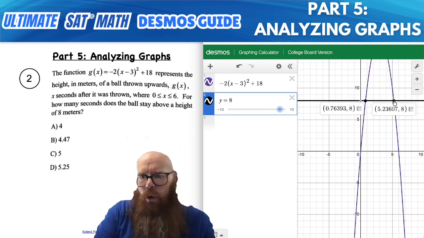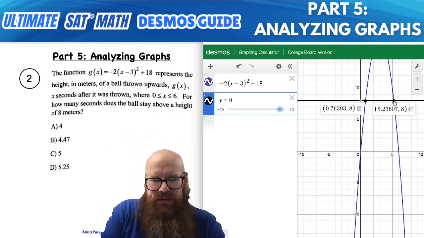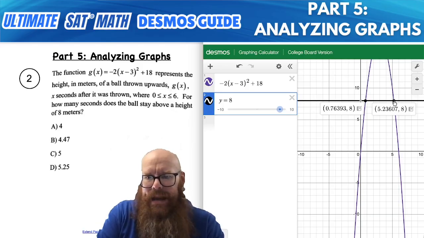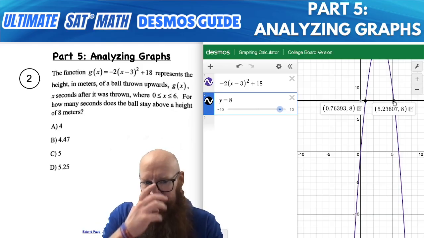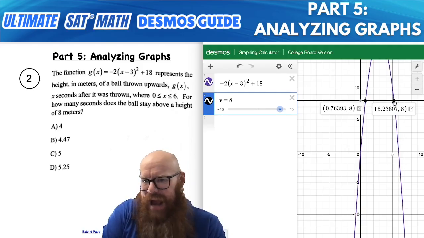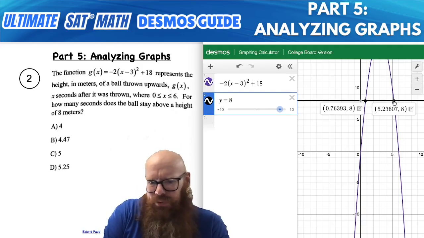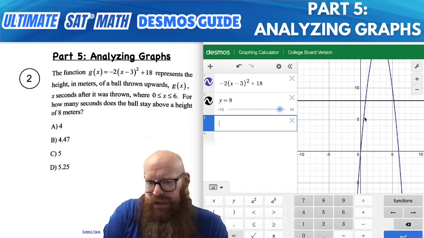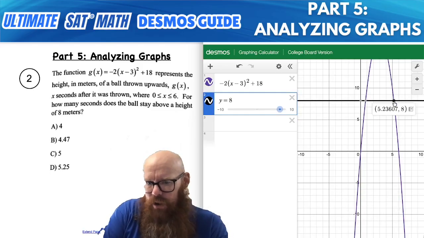So that's when it starts to go above 8 and then when it hits 8 again. So how many seconds does it stay above? I just need to subtract those values. I think it's pretty obvious that if I take 0.76 away from 5.23, the only answer that makes sense is B. But here's what I'll do.